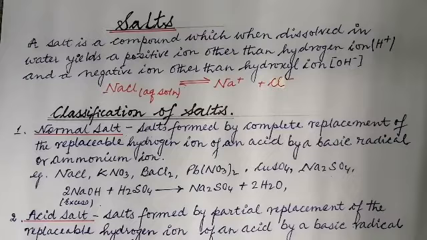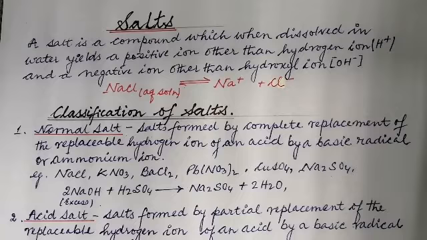The examples are sodium chloride, potassium nitrate, barium chloride, lead nitrate, copper sulfate, sodium sulfate. These are few good examples of normal salts.